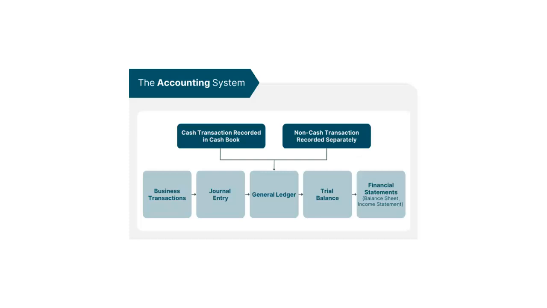Now, all the business transactions which have been recorded into the journal pass on to the general ledger. Once the period, which starts from 1st April in India of a given year and ends on 31st March of the next year, finishes, the organization and the accountant of the company need to prepare the trial balance. They need to close all the general ledger and journal entries for that financial period which has just gone by.